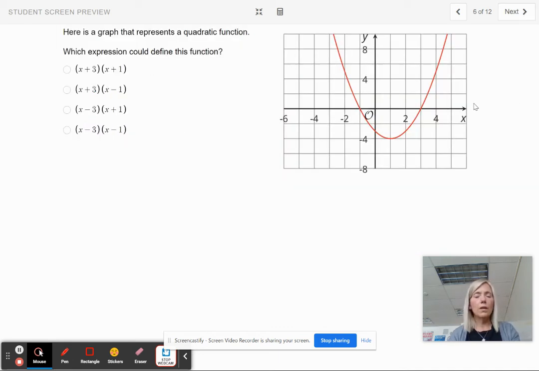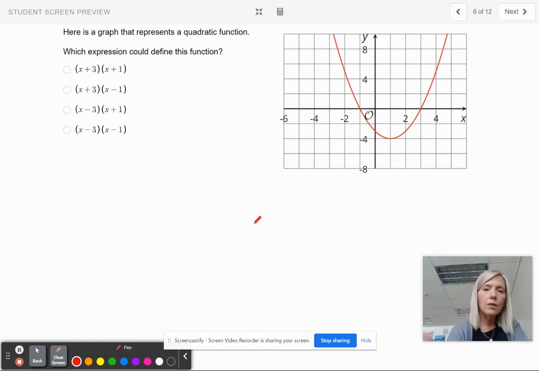Okay, slide 6. In order to determine which expression could define this function, I need to know the x-intercepts. There's one at negative 1, and there's one at positive 3. So this x-intercept here at negative 1 tells me that one of the factors is x plus 1.